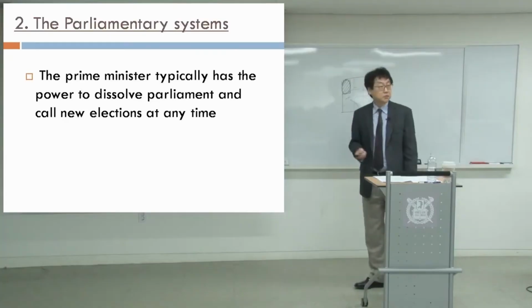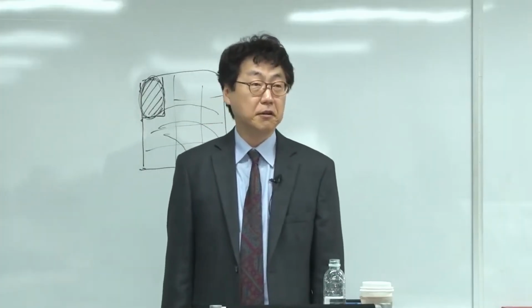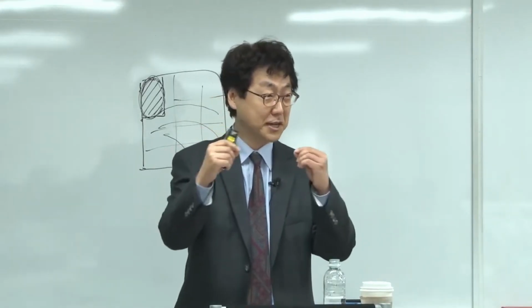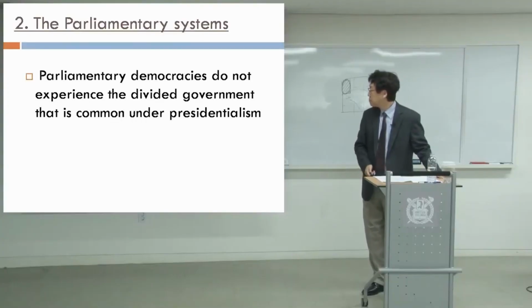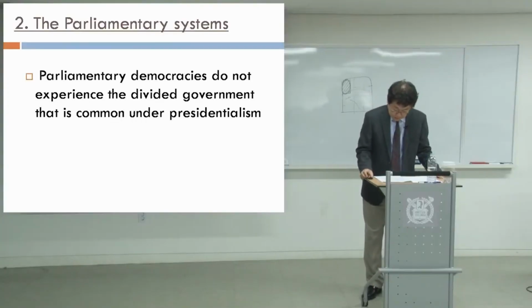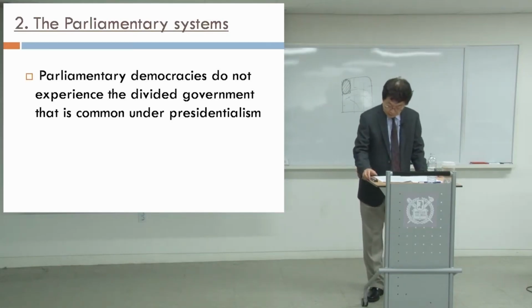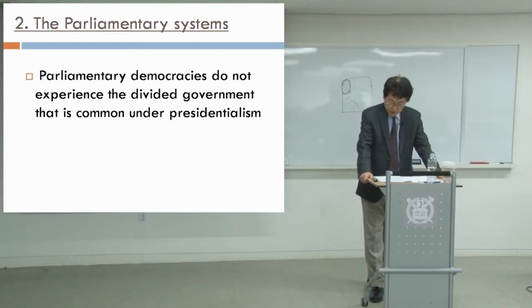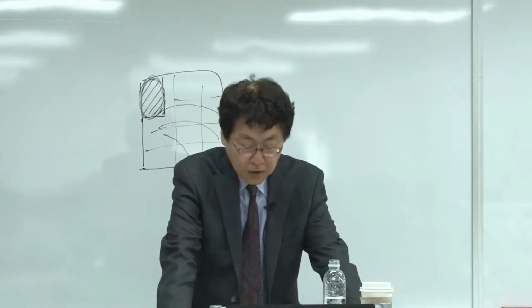When you hear it, you may feel like parliamentary system should be very unstable because they are trying to kill each other all the time. But it is not the case. Parliamentary democracies do not experience the divided government that is common under presidentialism, when the party that controls the presidency does not control the legislature or vice versa.